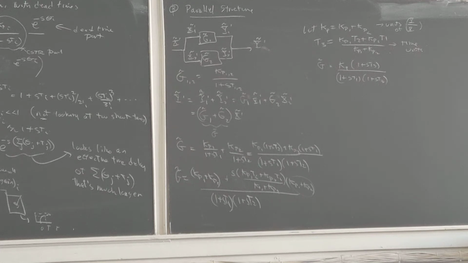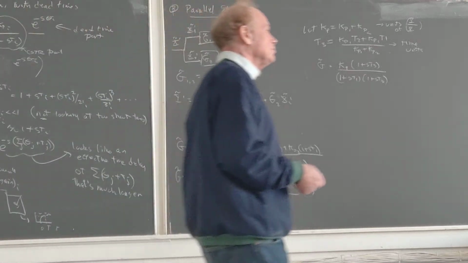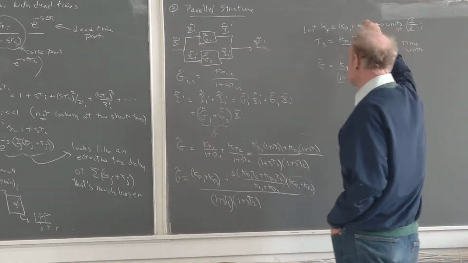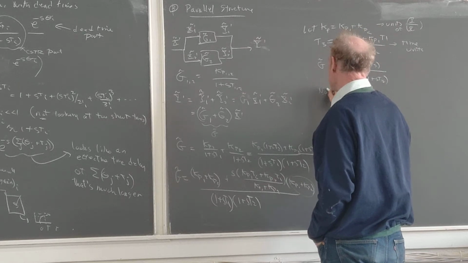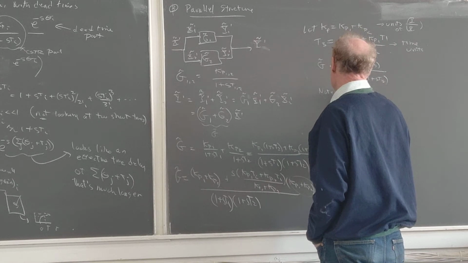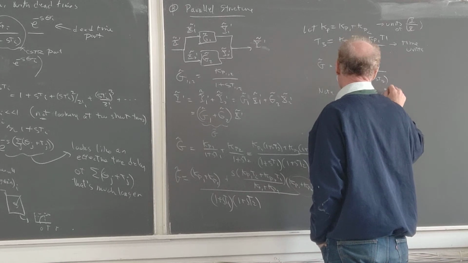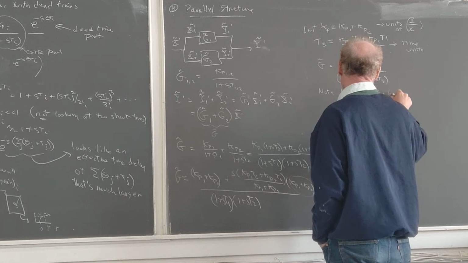So I increase the input concentration of A, and the rate of eating up A goes down. So Kp1 and Kp2 can be either positive or negative, of either sign.